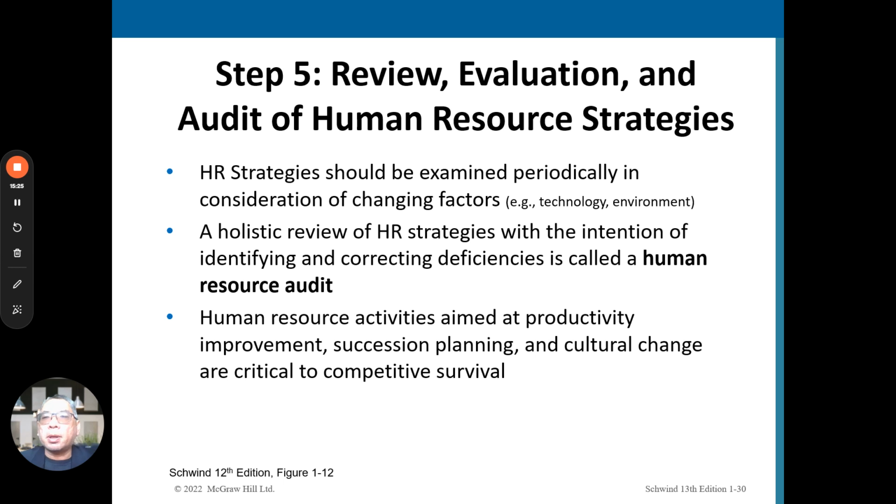There must be a holistic review of HR strategy with the intention of identifying and correcting deficiencies, called human resource audit. Human resource activities aim at productivity improvement, succession planning, and career change and are critical to competitive survival.